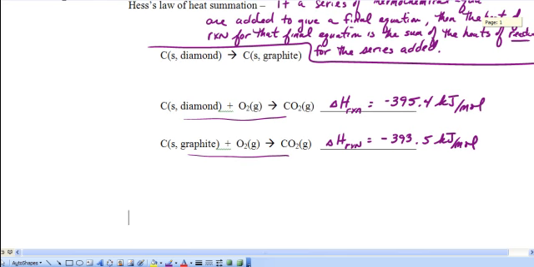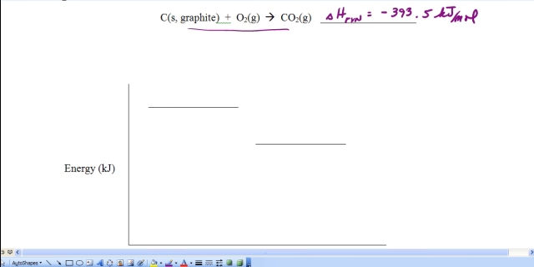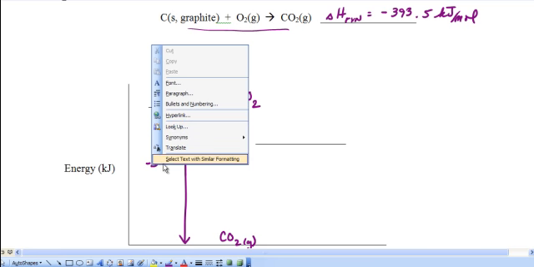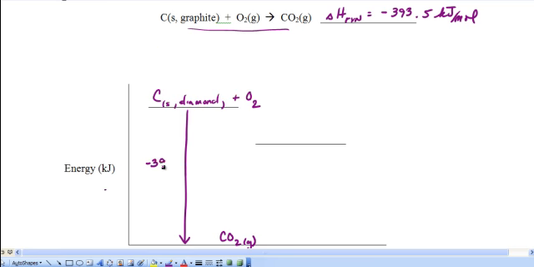So if you look at this on an energy diagram, say this one is your carbon, this will be the diamond, plus your oxygen. When this goes to carbon dioxide, if that's your reactant, let's say this bottom line is your product, your CO2 gas. As you go from reactant to product, this is going to release a negative 395.4 kilojoules.